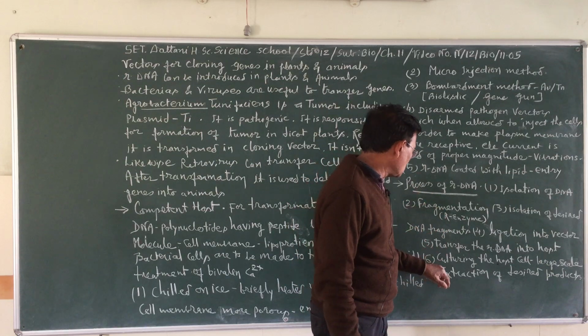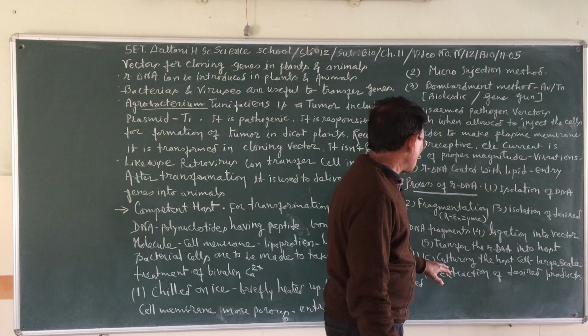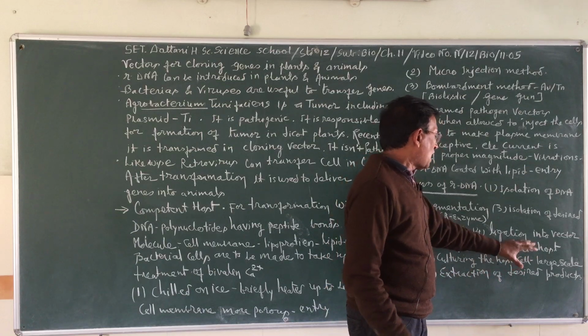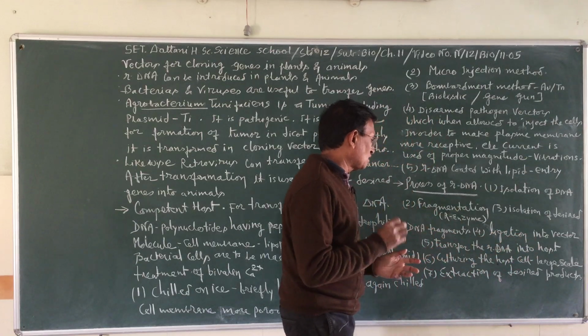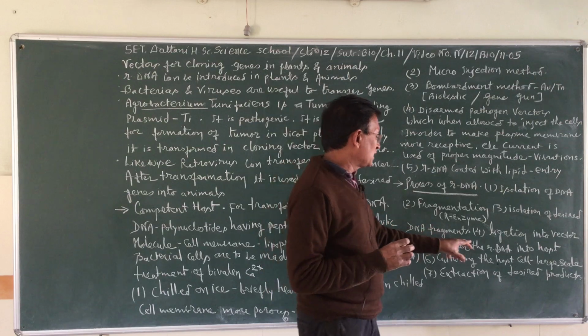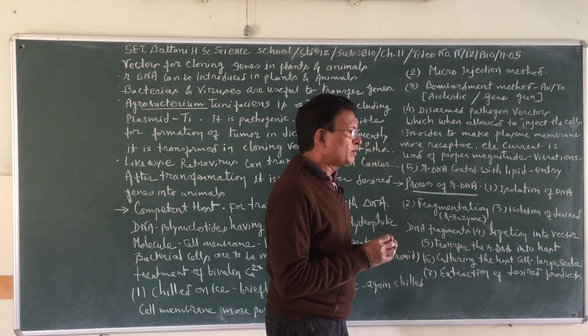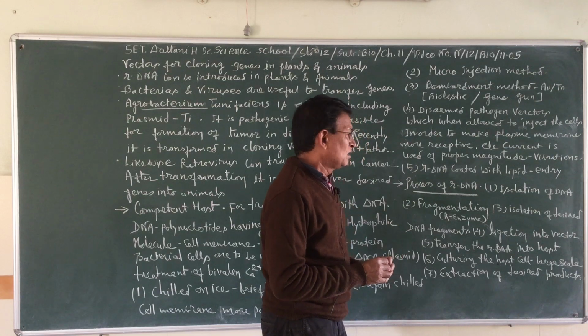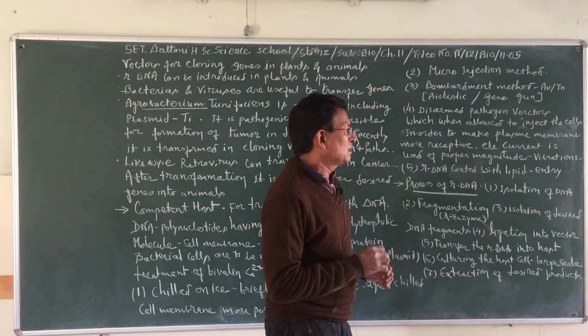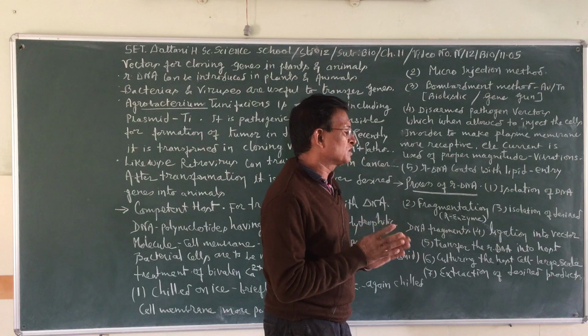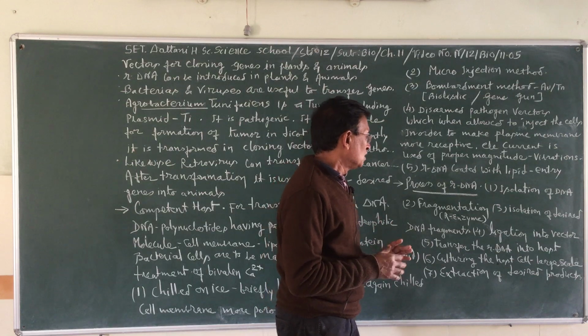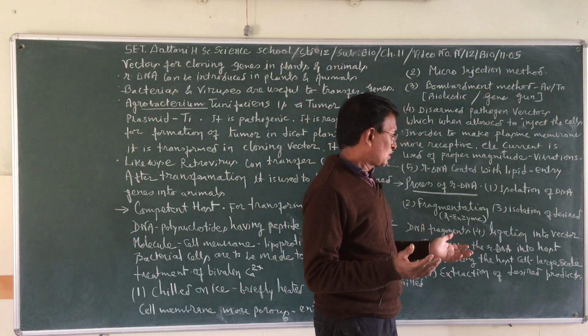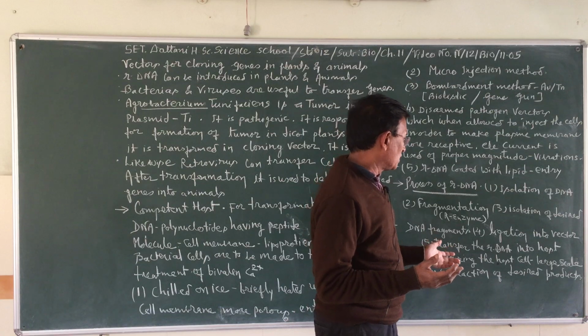Now the sixth one is culturing the host cell. After acceptance of the rDNA, the cell will be complete. Then after it should be cultured. Otherwise, if culturing is stopped, then more growth cannot be obtained.